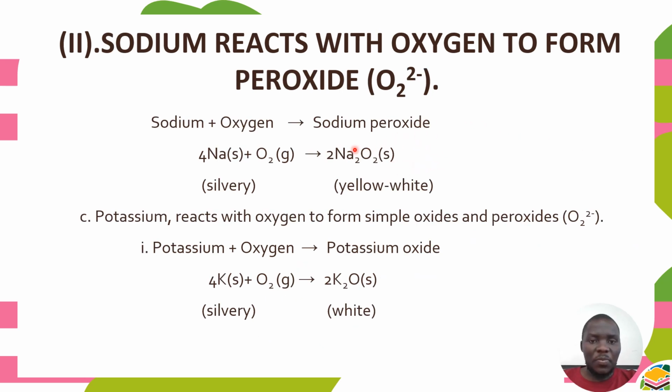So the chemical formula of peroxide is this one. When you combine sodium with enough oxygen, we expect to produce sodium peroxide. So this is the chemical formula of sodium peroxide, and the color is yellow-white. Potassium does the same, reacts with oxygen to form simple oxides as well as peroxide. At first, when potassium reacts with oxygen, it forms potassium oxide, which is white in color.